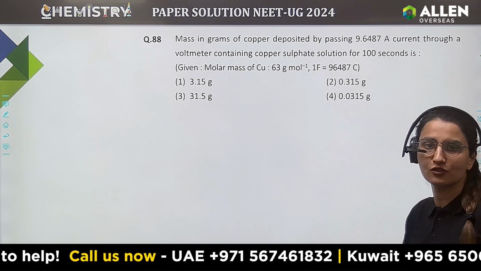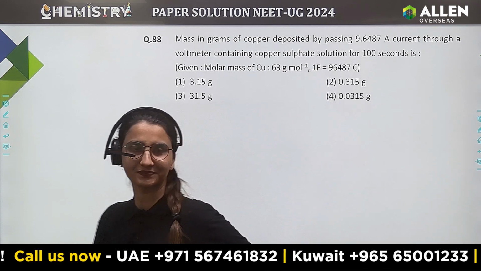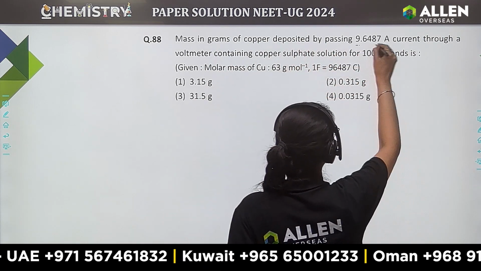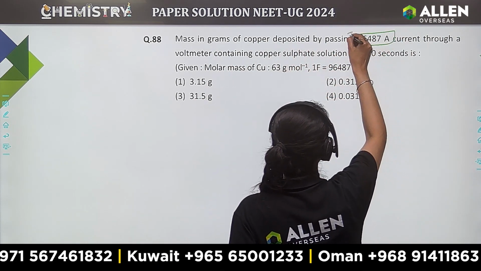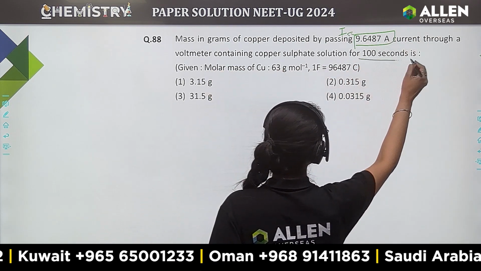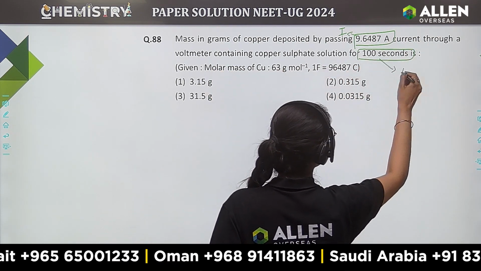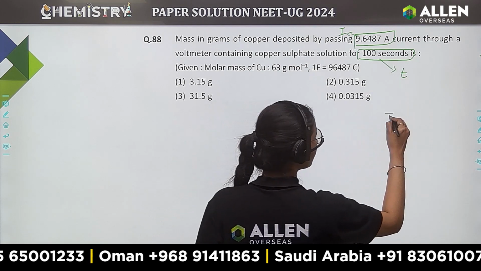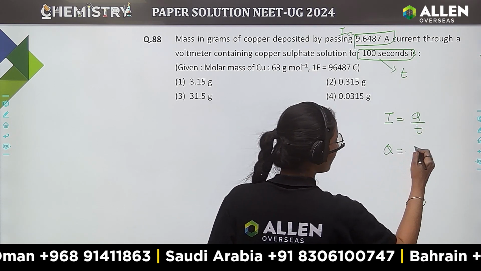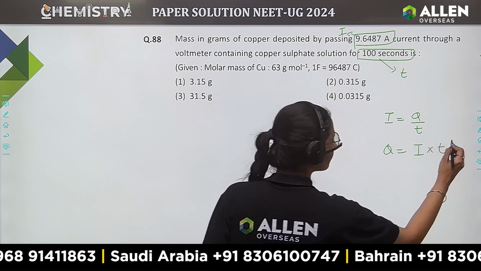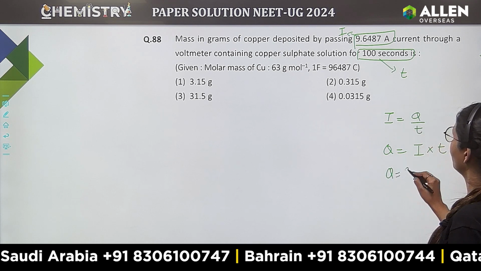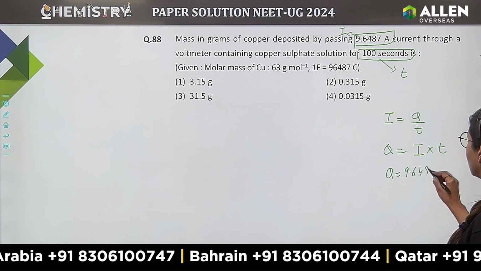Okay, it's a question of Faraday's law. See, the mass in grams of copper deposited by passing this much current. This is the value of I, through a voltameter. This is your time. You know that I is equal to Q by T. You can find Q as I into T. What is the current? 9.6487.